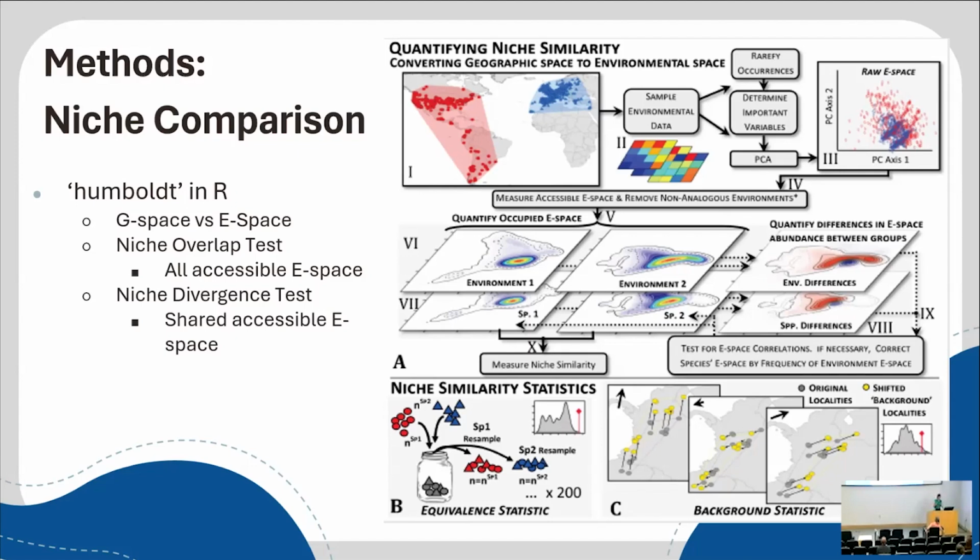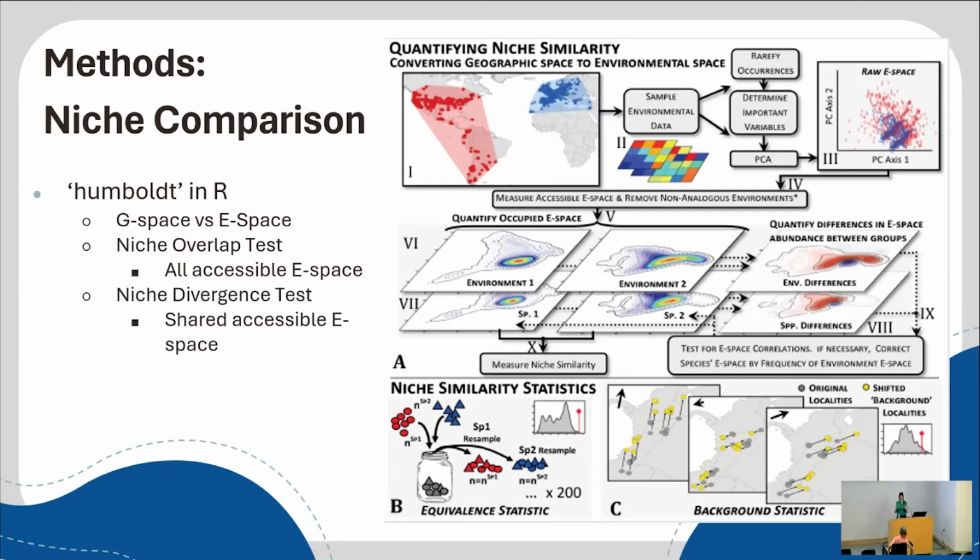And so what this package does is it uses a niche overlap test, which is comparing all accessible e-space. So combined the e-space of both of these species, do they have the same niche? But then it also uses a niche divergence test, and this is shared accessible e-space.